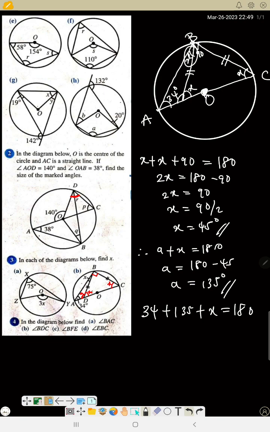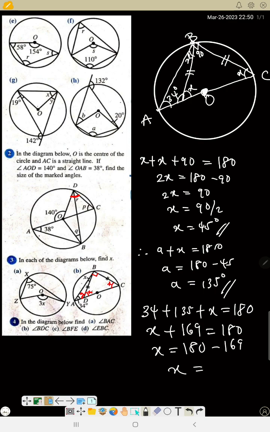So S plus 34 plus the one we got here, everything is 180. Now S plus 169 equals 180. So S is 180 minus 169. So S is 11. So that place is 11 degrees.